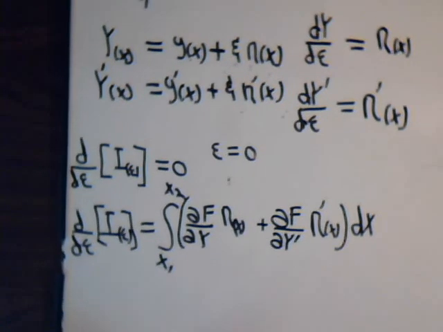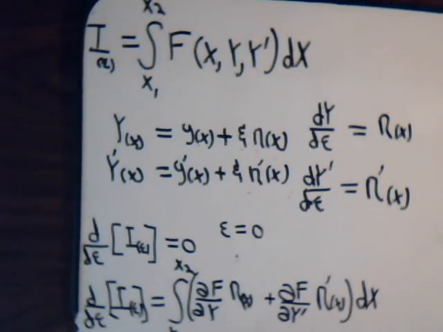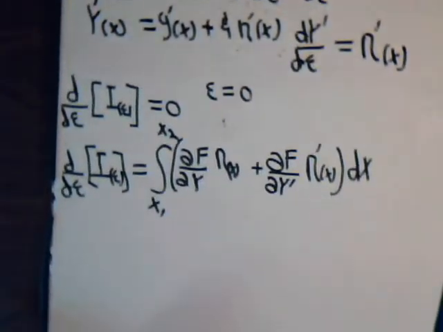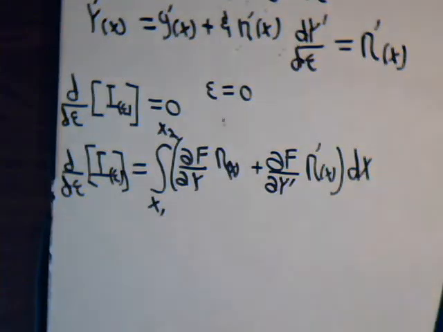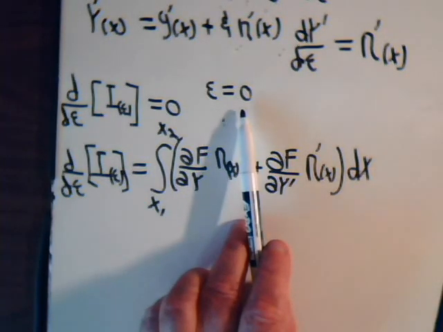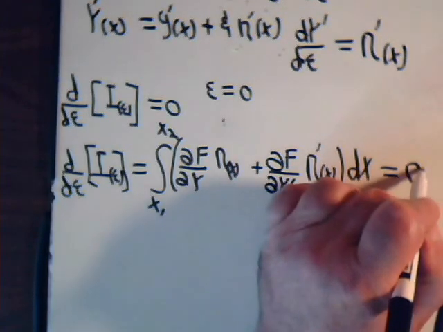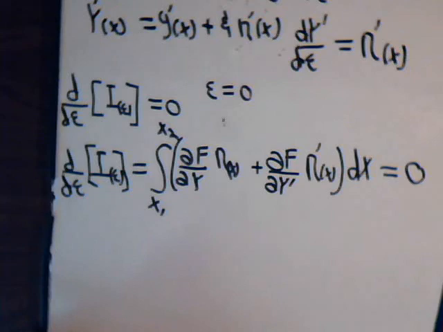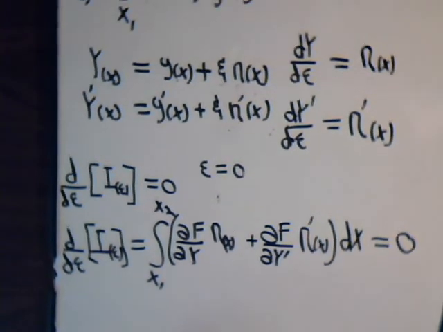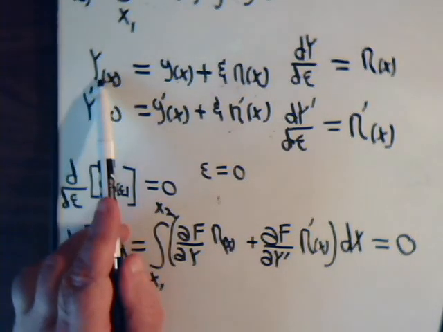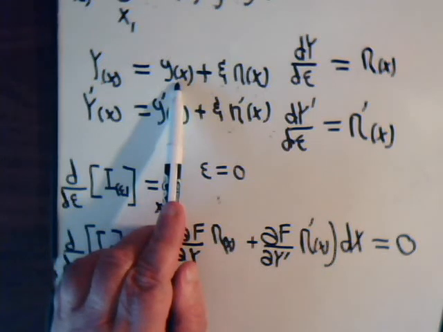So this is then the derivative of this integral here, this general expression, the derivative of that with respect to epsilon is this. And we want this to equal 0 when epsilon equals 0. Well, when epsilon is 0, big Y equals small y.